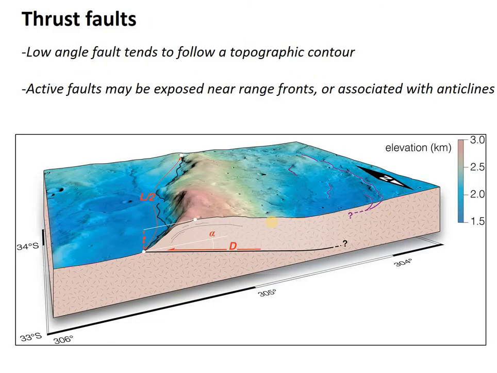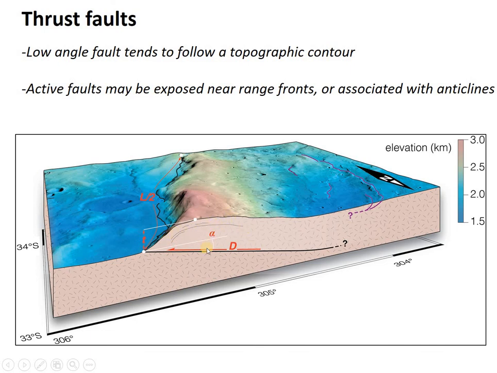And then finally, the third type is the thrust fault. Thrust faults tend to be low angle, as shown here, maybe anywhere from 10 to 30, 40 degrees, which means they intersect the surface at a shallow angle, and they tend to express themselves more as a topographic contour, where the trace of the thrust actually contours around a certain elevation, kind of stays at a specific elevation, which can often put them at the base of topography, near range fronts, or if there's actually an anticline growing above the thrust.